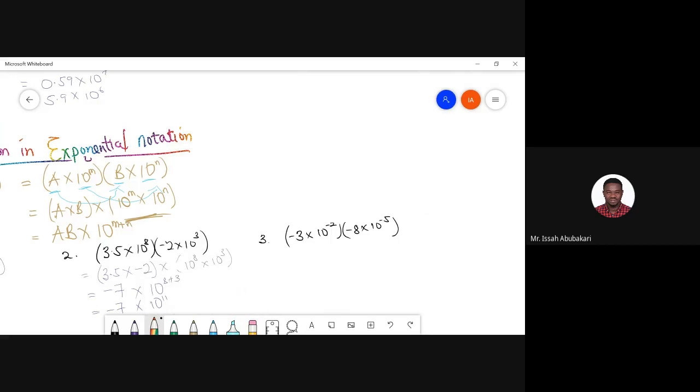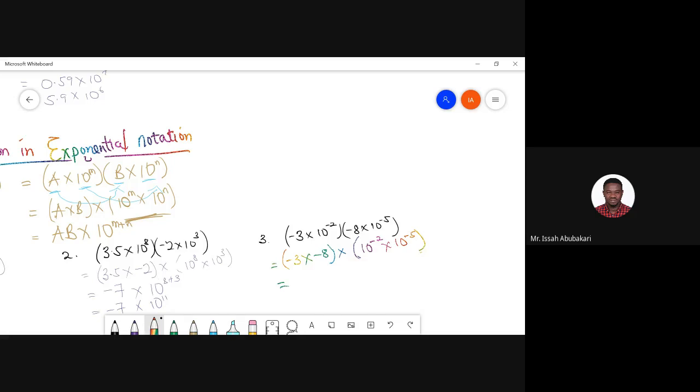I can solve this by grouping like terms the same way. Minus 3 multiplied by minus 8. Okay, and this should multiply by 10 power minus 2 times 10 power minus 5. Are we okay?